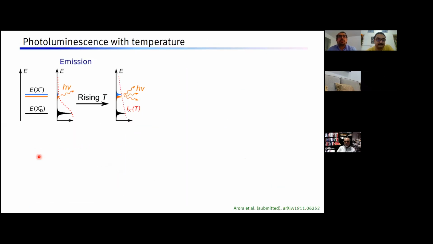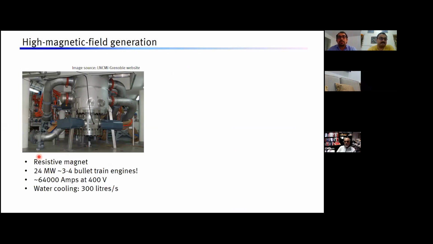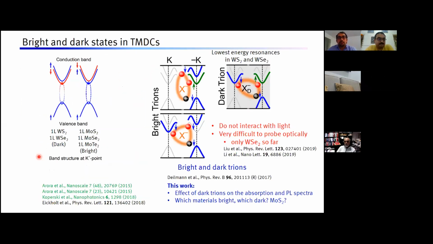Yes, actually, I did not go into details of that slide, so we can discuss that now. For creating any bright trion, first we have to see where the bright exciton is. For example, in tungsten-based compounds, this is the K minus valley. So you have a down spin here and a down spin here that creates an exciton. And then you can put another electron either in this band or in this band.